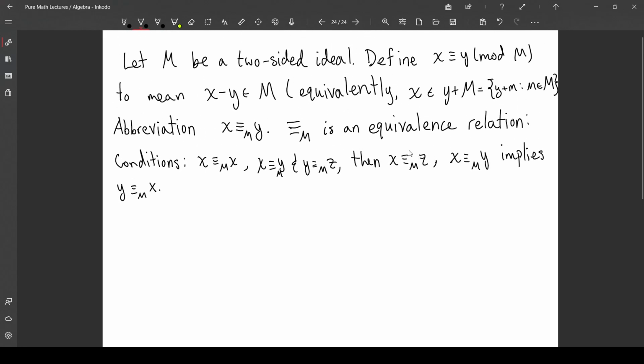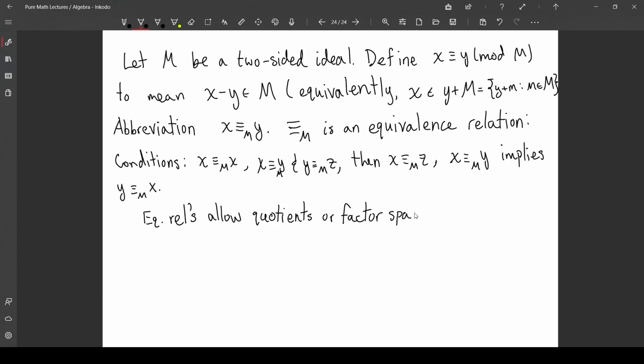So the thing about equivalence relations is that they show up all over math, and they allow you to take quotients or factor spaces.